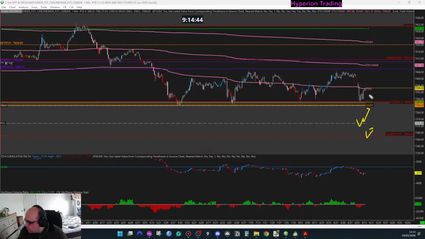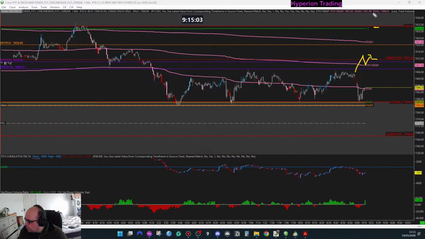If price, however, doesn't do anything like this, and we see, for example, something like this, since we reclaim this level here, I can take my entry above the poke if I see acceptance, and aim here to take some TP1 and TP2 probably higher.